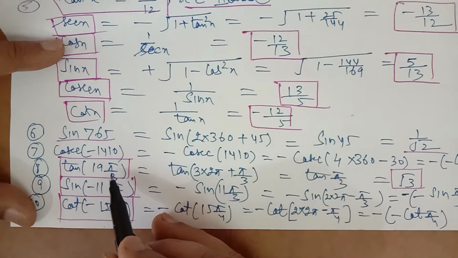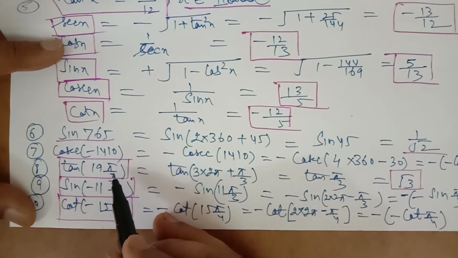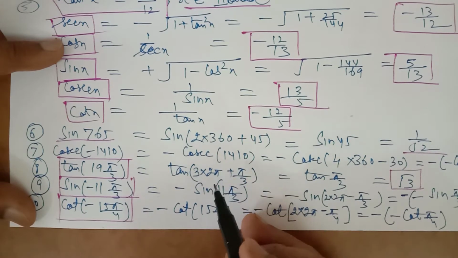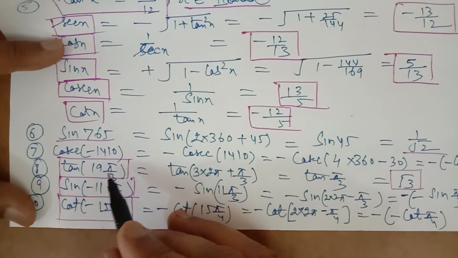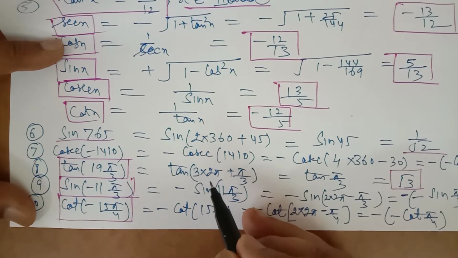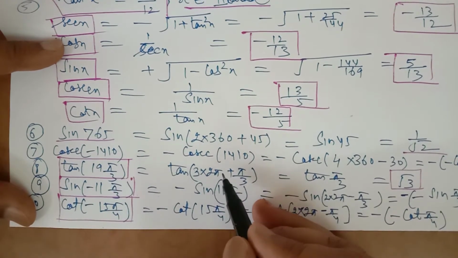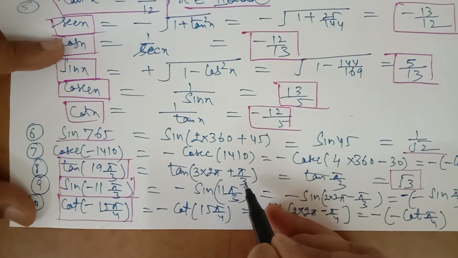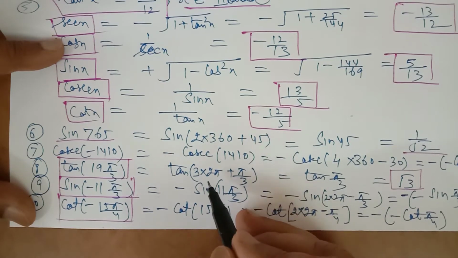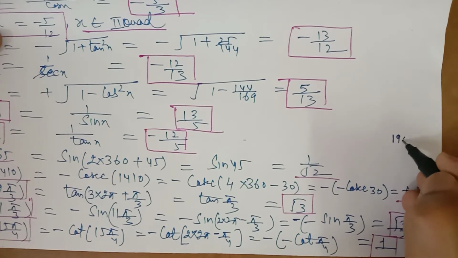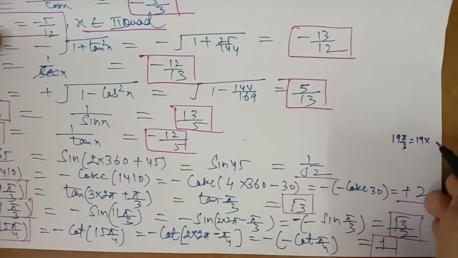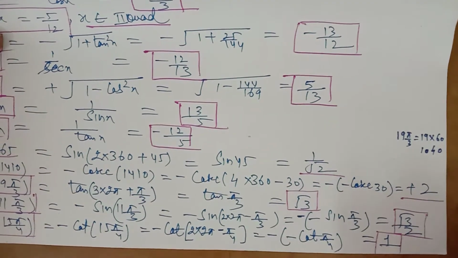If you can't break this directly, you convert this angle into degrees in the rough column. 19 pi by 3 is equal to 19 into 60, which comes out to be 1040 degrees.